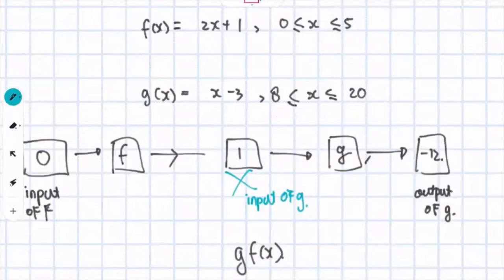So the input of G is DG. The input of G is the output of F, RF.